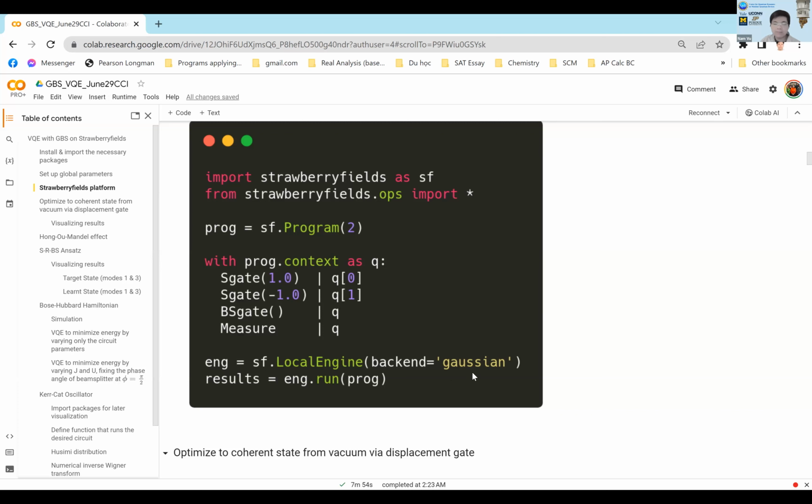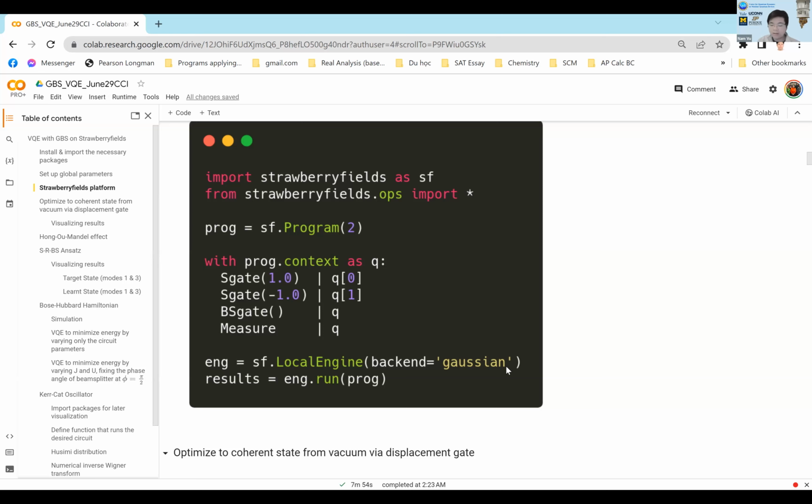So here I'm specifying that I'm using the Gaussian backend. However, since we might be doing optimization later, or the variational quantum eigensolver that I was mentioning, the TensorFlow backend might be better. And the other 2 backends that are supported are the Bosonic and the Fock backend.